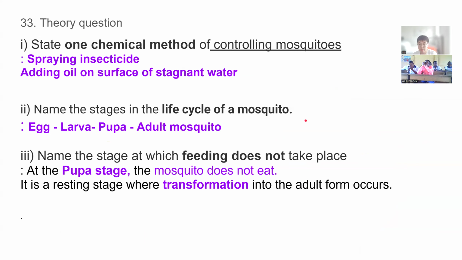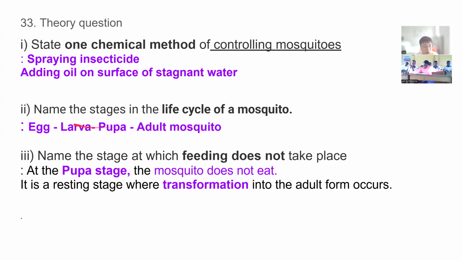So this next theory question is still concerning methods of controlling mosquitoes. It says to state one chemical method of controlling mosquitoes. You can say by spraying insecticide or adding oil on the surface of stagnant water. Next, name the stages of the life cycle of a mosquito.